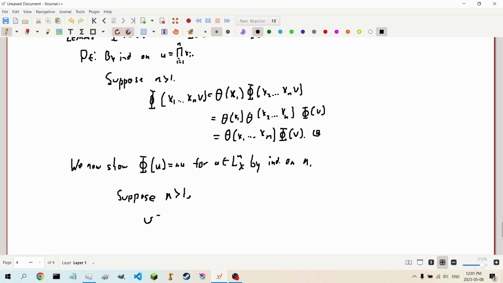Then we have u as the sum of the brackets of some vi and wi.